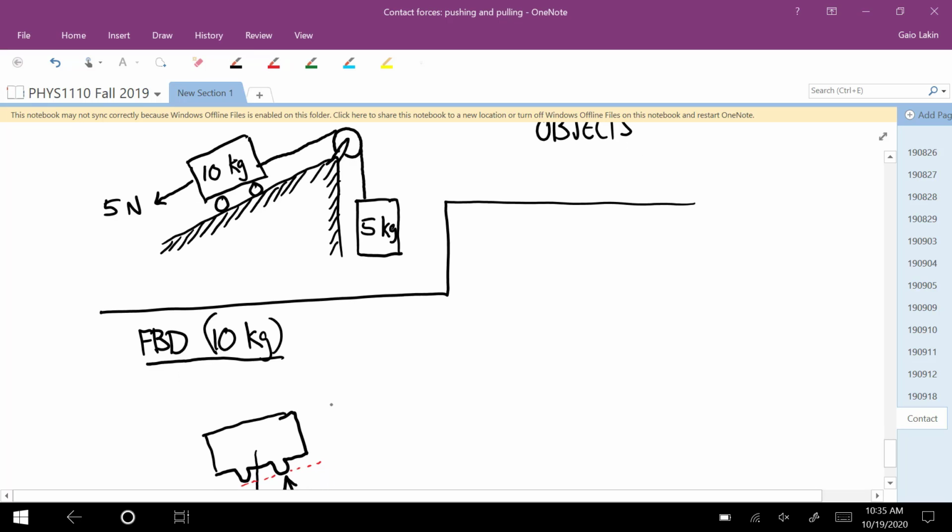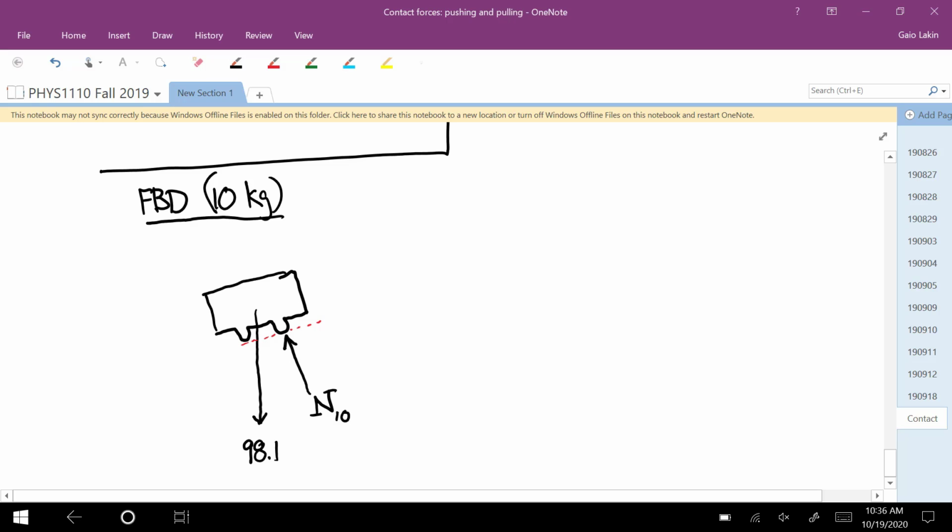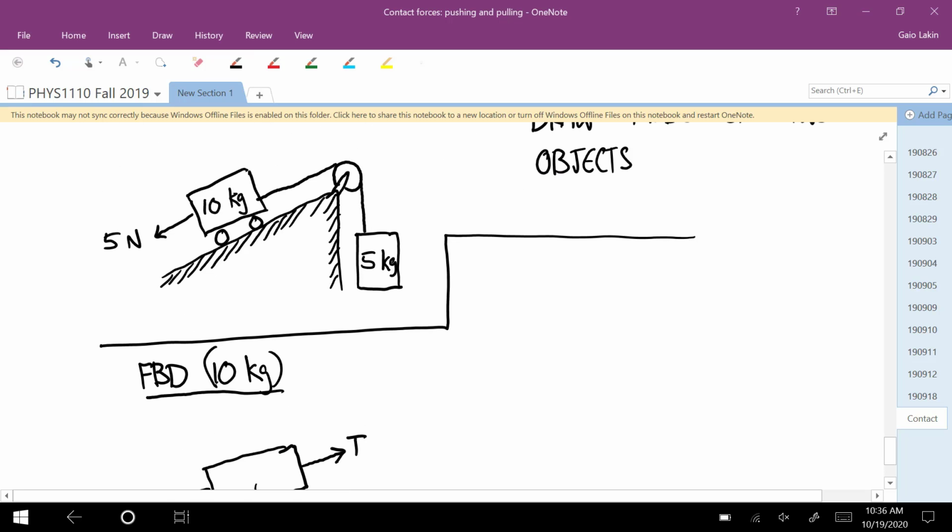If you keep going around counterclockwise from there, you get to the cable force. That force is going to be along the line of the cable, away from the chosen body. I'll name that T. And then keep going around and you get to that externally applied force. We don't have to know what's applying that. That's given in the problem.